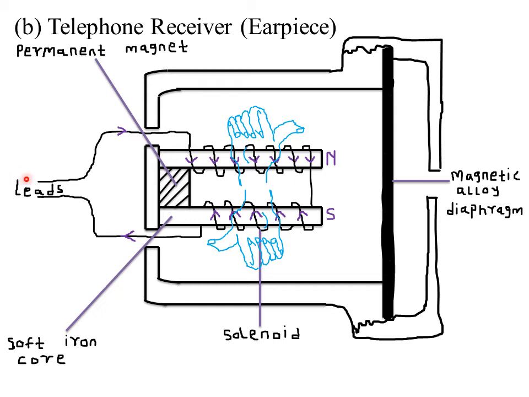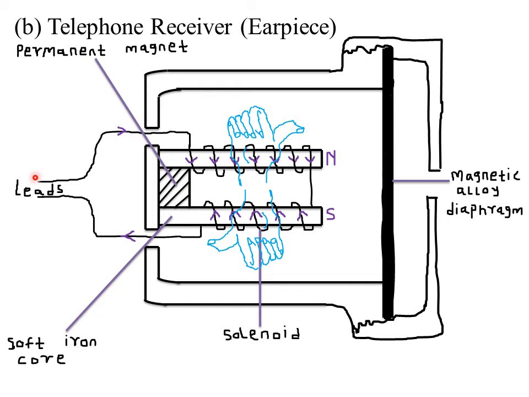So we are saying that when a person speaks into the microphone at the other end of the line, a varying electric current is set up having the same frequency as the sound waves produced. When you speak, your sound waves cause the diaphragm within the microphone to vibrate. The diaphragm is connected to a coil, and that coil vibrates within a magnetic field.